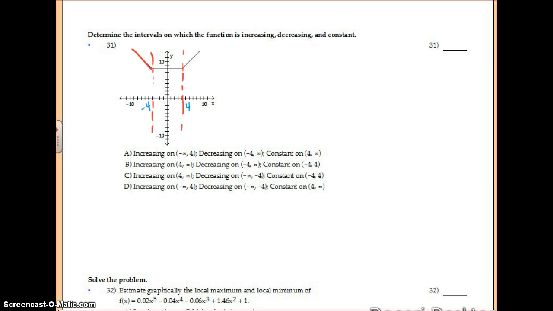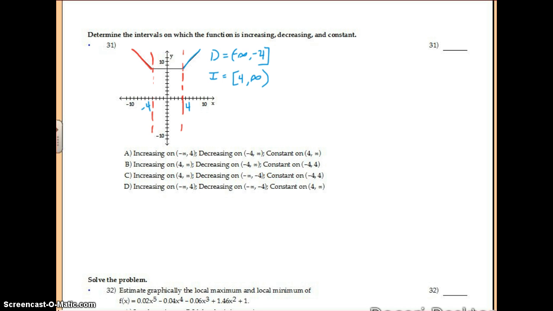This is +4. So it's decreasing from -infinity to -4. It's increasing from, looks like 4 to infinity.